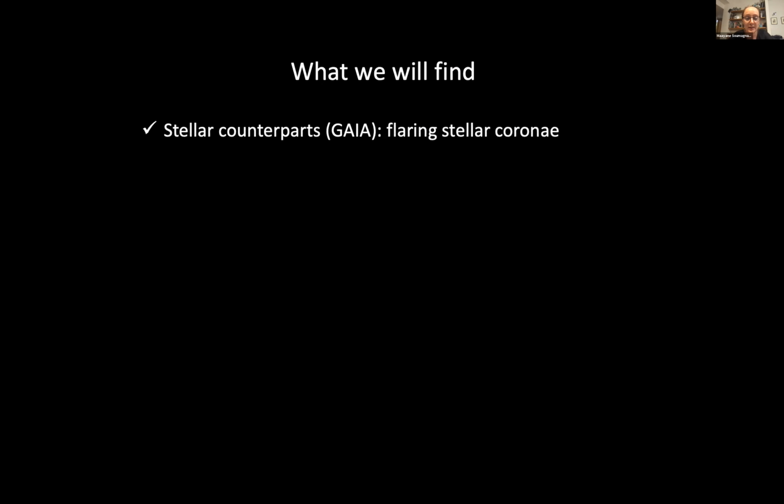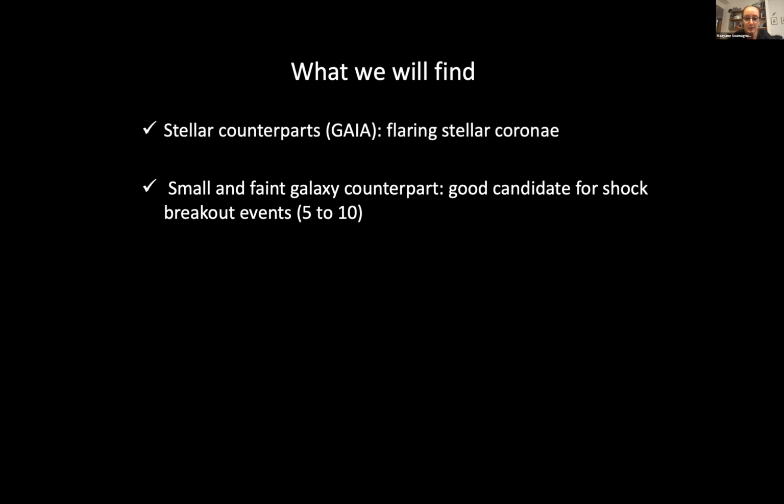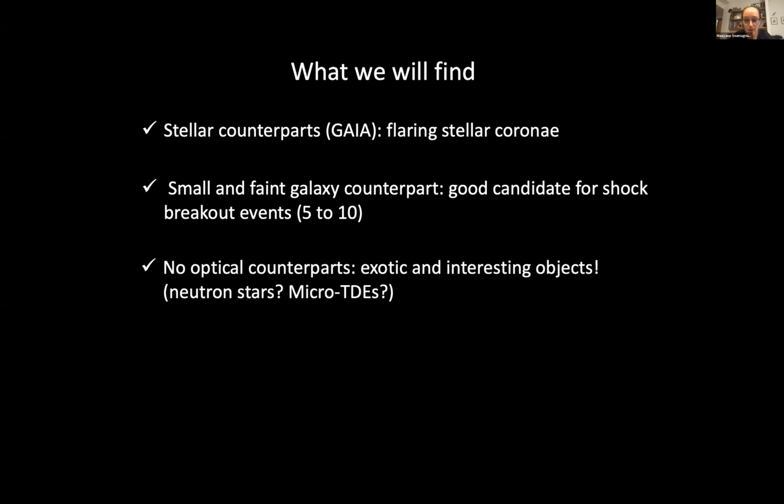So what else do we think we will find? Transients with counterparts that are small and faint galaxies will be good candidates for the shock breakout events that I mentioned before. I estimated that we will find 5 to 10 of these in the Chandra data. And transients with no counterpart will be the signature of interesting and exotic objects, maybe neutron stars accreting material from the interstellar medium.